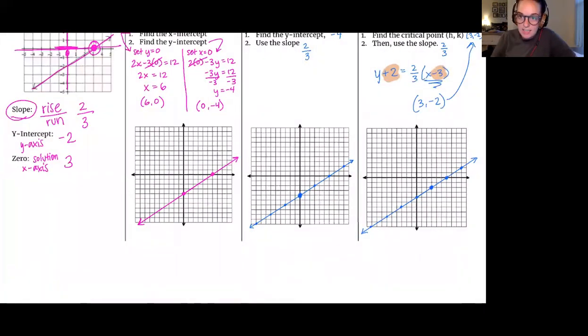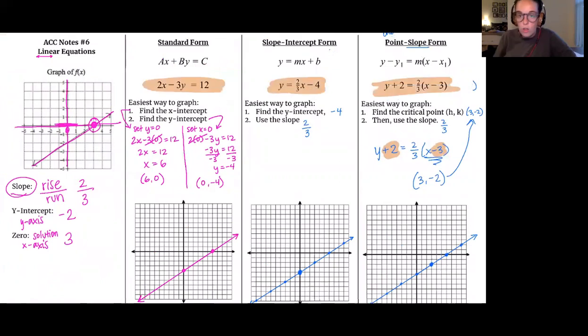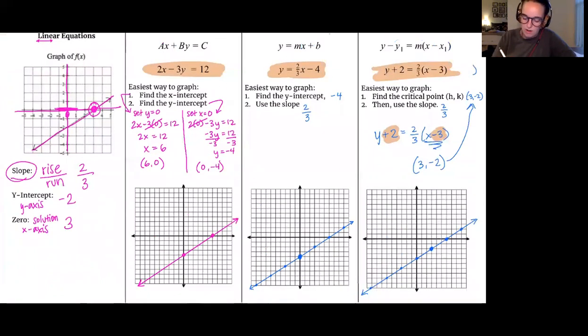It was the exact same line, which means that this equation, this equation, and this equation all describe the exact same line. They describe this line here, right? You can start to see some of the numbers.